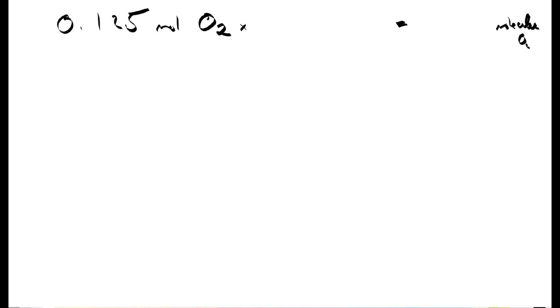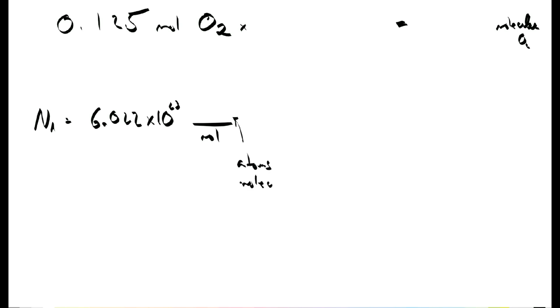Well, Avogadro's number is equal to 6.022 times 10 to the 23rd per mole. I've been leaving this blank this whole time because what goes on top changes depending on what you're looking at. It could be atoms, molecules, pennies. It's just items of whatever you're looking at. So in this case, it's going to be molecules.